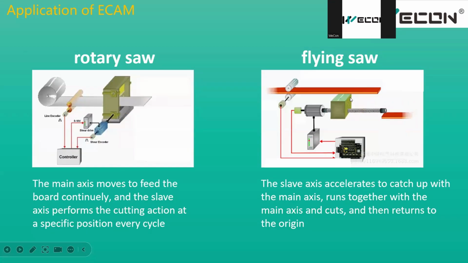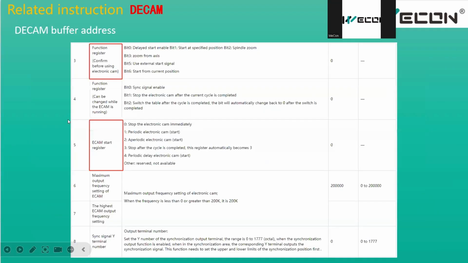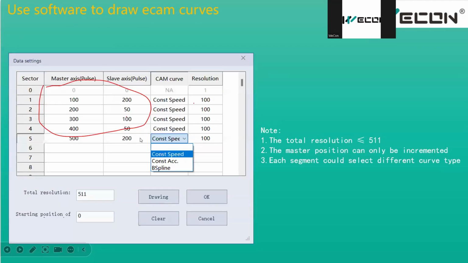When the cutter goes up and cuts and goes down, this area is the sync area, because in this area, the cutter will have the same speed as the wood board. They will have the same speed to go forward and cut and go back. So this is the sync area, and we need to set it.